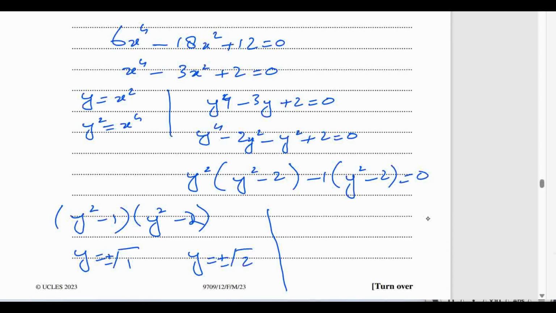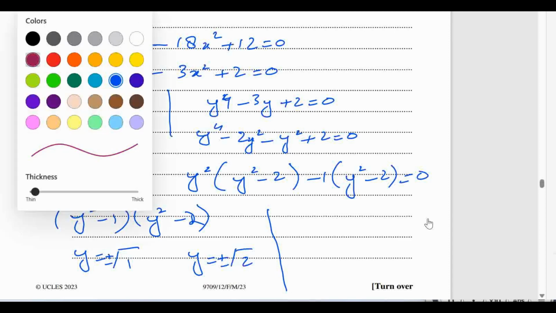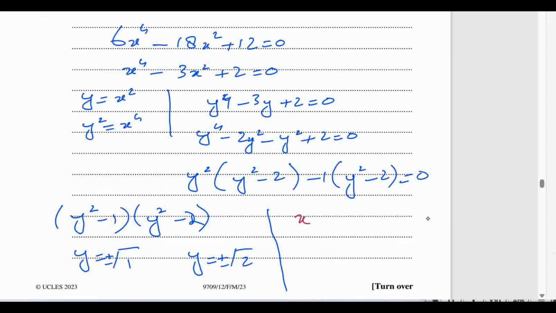Now as it is given that the value of x will be less than or equal to minus 1, the final answer for x will be negative square root of 2 and negative square root of 1. So these two will be the final answer.